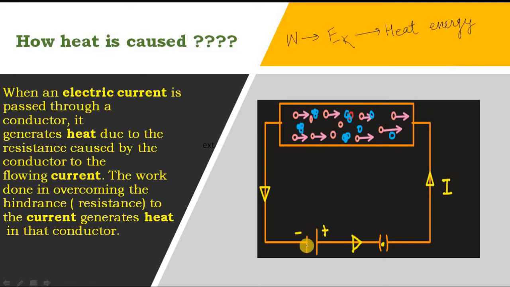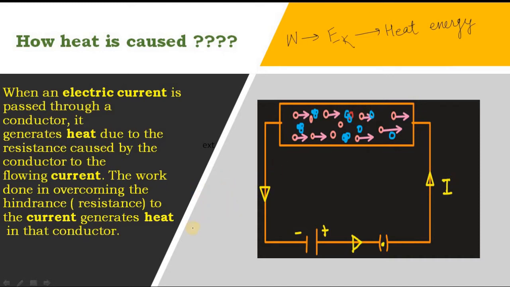But since we have created a potential difference here, the electrons have to move, and to move in forward direction they need to push the particles inside, and when they push the particles they transfer their energy to the particles and they start to vibrate. When they start to vibrate they gain kinetic energy, and then that kinetic energy changes into heat energy. So this is how heat energy is produced.